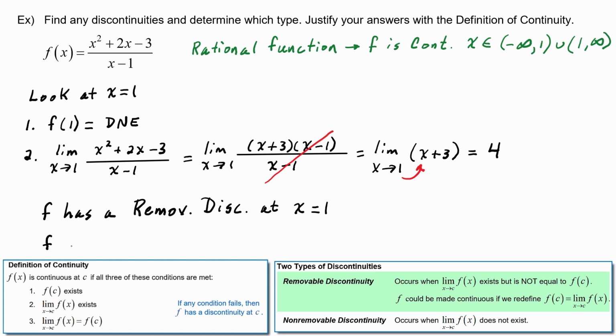So f could be continuous if f of 1 were redefined to be that limit value. So if we could take f of 1 and stop it from being a DNE and turn it into this limit value of 4, then we would have a continuous function.